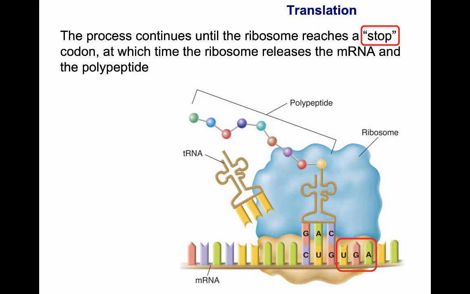And when the ribosome gets to that stop codon, two things happen. The ribosome detaches from the messenger RNA, and it releases the chain of amino acids, which is called a polypeptide. Polypeptide is another name for a protein. I wish we could just stick with one term in biology.